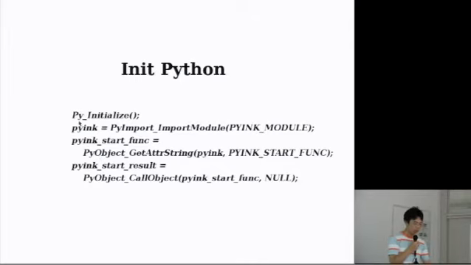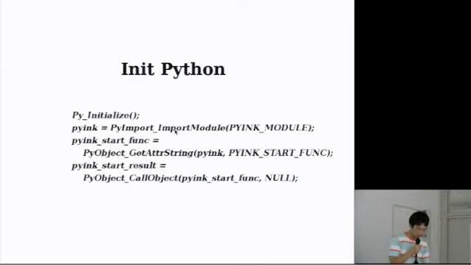Basically, we just do 4 basic instructions. First is Py_Initialize, to initialize the Python engine, and then we import a module. This module is actually the module we wrote purely in Python.